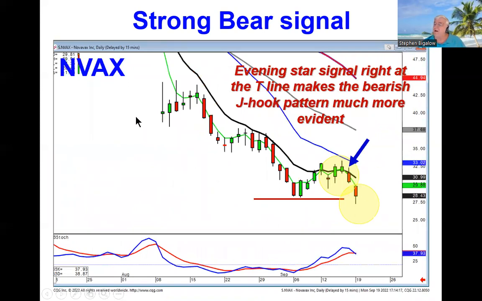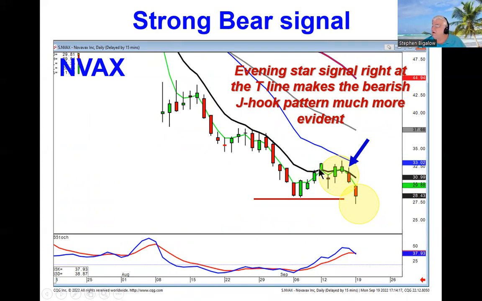So we recommended re-shorting NVAX. Down here, it looked like they were coming back up, so we covered our short position. Then after a few trading days right here at the T-line, notice your evening star signal, one of the 12 major signals.